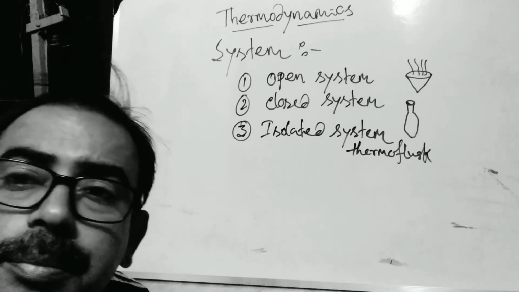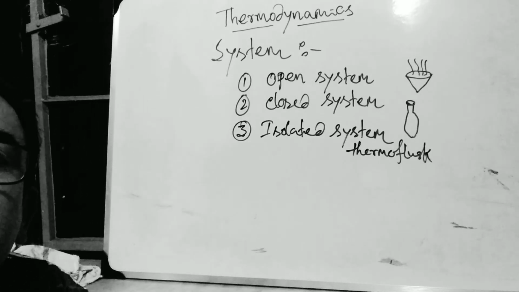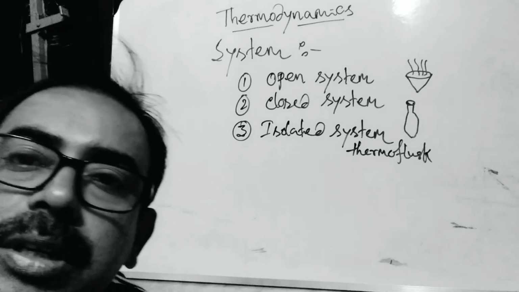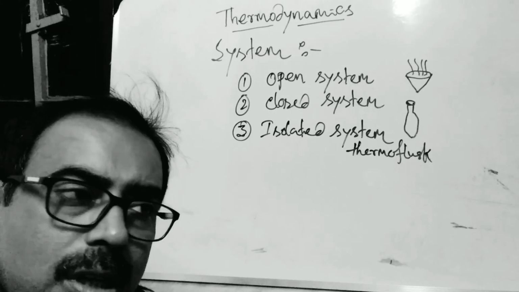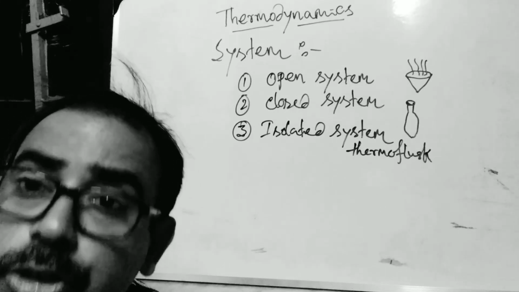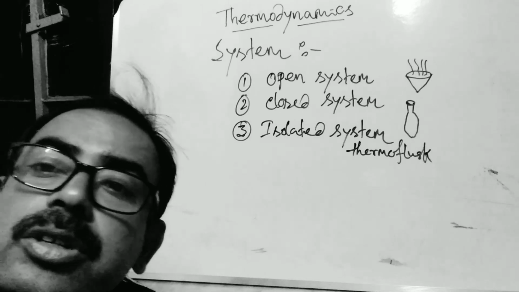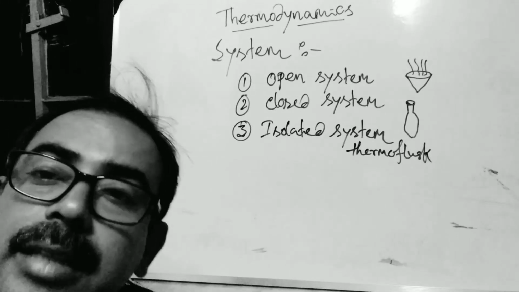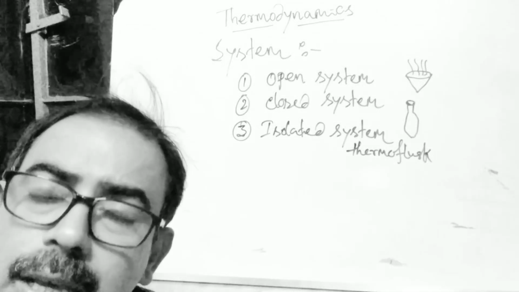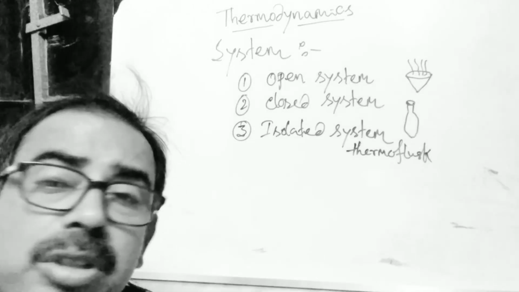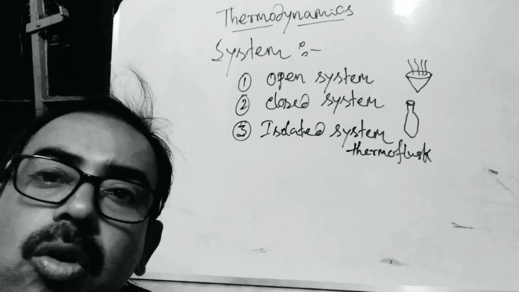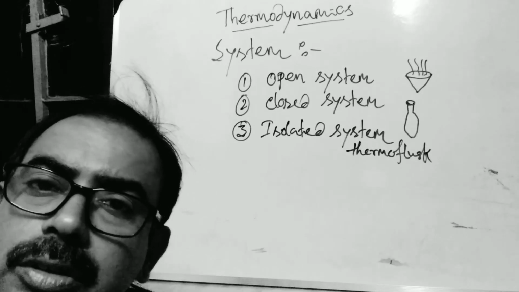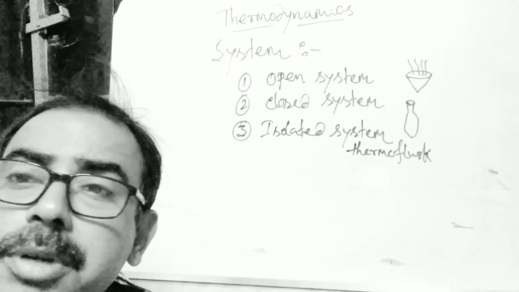There are some other properties also which are called thermodynamical properties, and we will learn about them in this chapter. Those thermodynamical properties may be the heat change, the internal energy, the enthalpy, the work done by the system or work done on the system, the entropy, etc. These are called thermodynamic functions or thermodynamic properties.